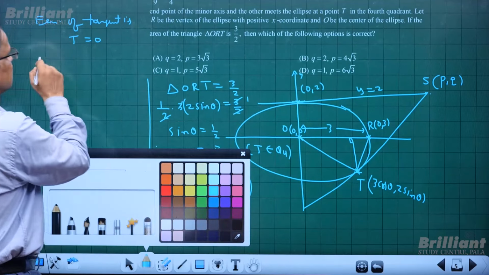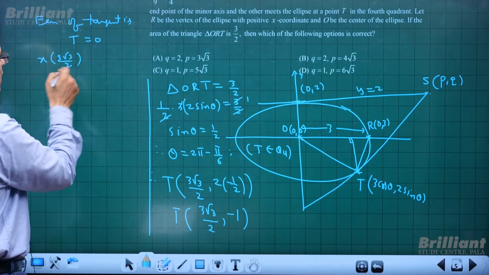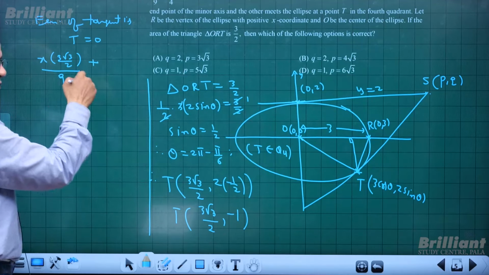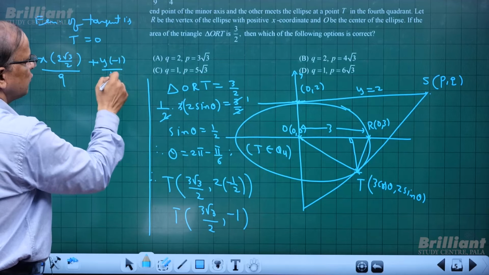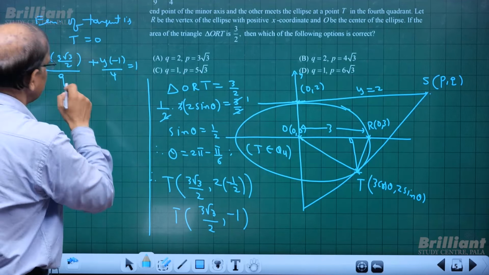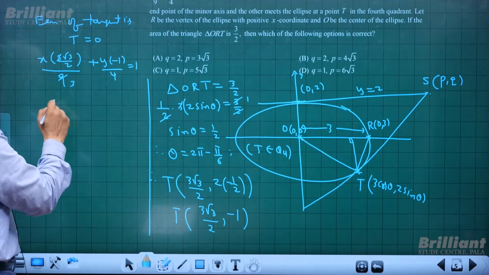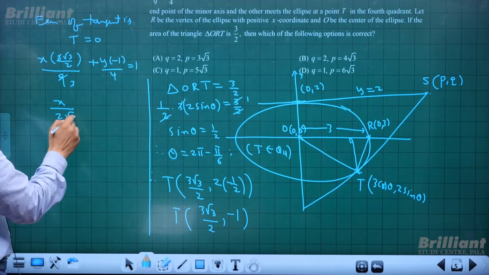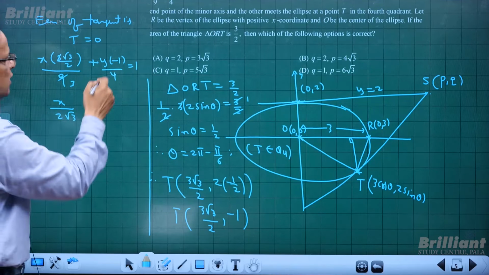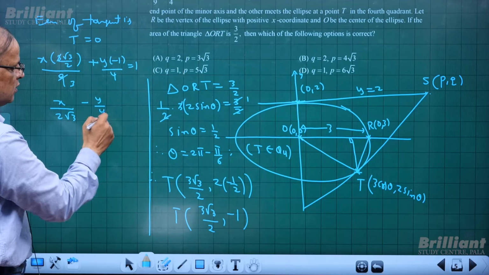So x into x1, 3 root 3 by 2, by 9, plus y into minus 1 by 4 is equal to 1. So here 3 cancels, right. So this is x by 2 root 3, because here root 3 will go, and minus y by 4.